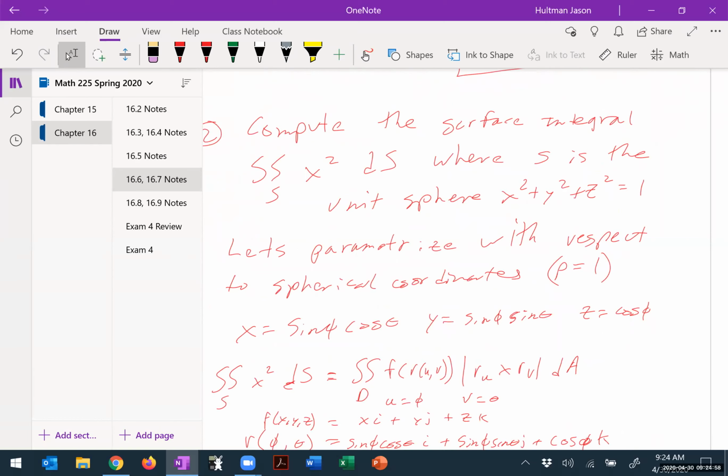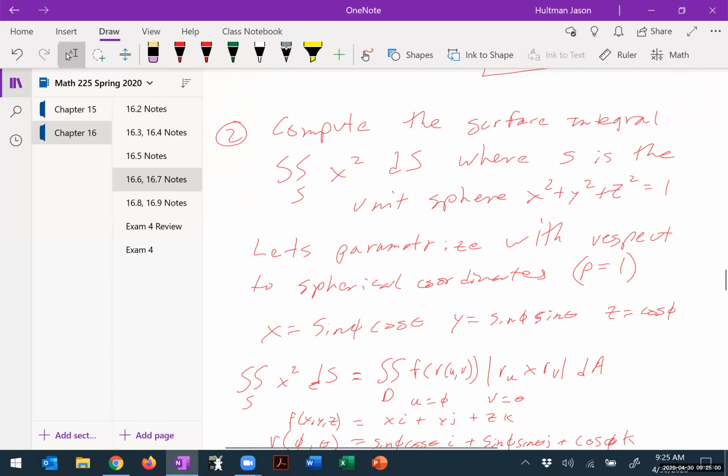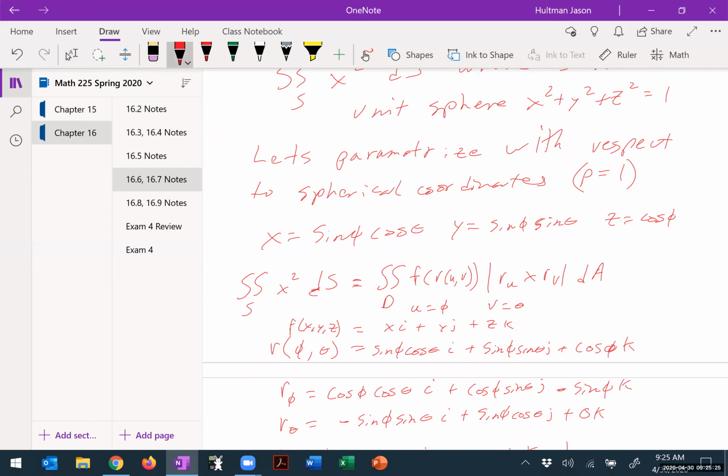It says number 2 on 16.7, compute the surface integral over S of x squared dS, where S is the unit sphere, x squared plus y squared plus z squared equals 1. Okay, so then we did parametrize this, and we got x squared dS equals f of r of u,v magnitude of r_u cross r_v dA.